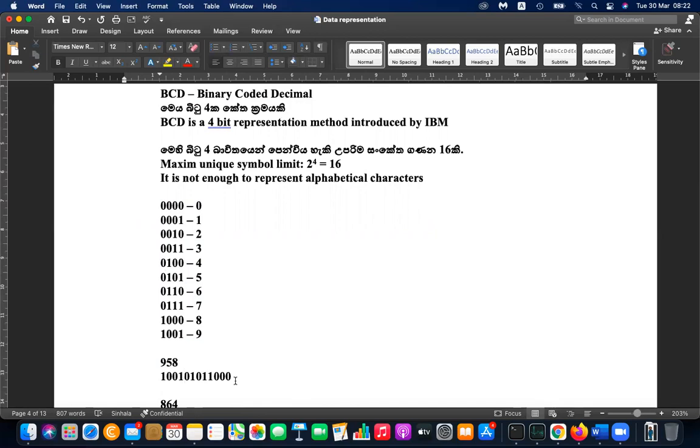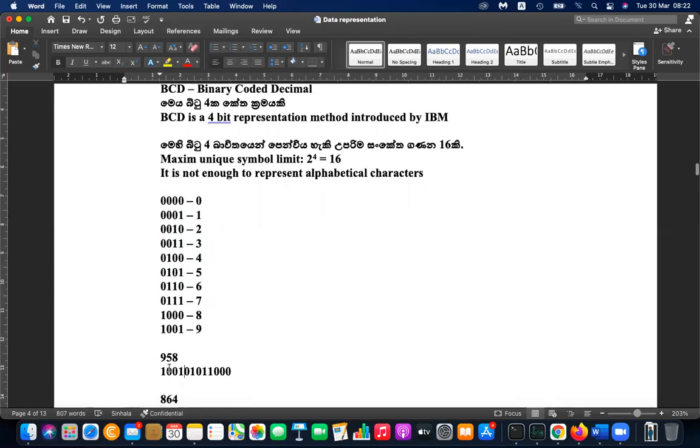This is not a binary to decimal or decimal to binary conversion, so don't confuse it with that topic. Binary to decimal and decimal to binary conversion is a mathematical process, but this is a logical process. There's a table, you just refer to the table and represent.